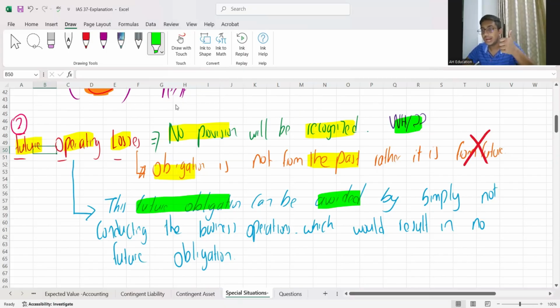So if I do not conduct the operations, then obviously I don't need to pay. Or number two, I can implement some controlling mechanisms to reduce my loss or to avoid my loss. Then also, if that goes according to my plan, there would not be any future loss. If there is no future loss, there is no obligation to pay anyone, right? That is the reason why I'm telling y'all that no provision will be recognized in terms of your future operating losses. You all can pause and think, and you will be able to come up with the idea of it.